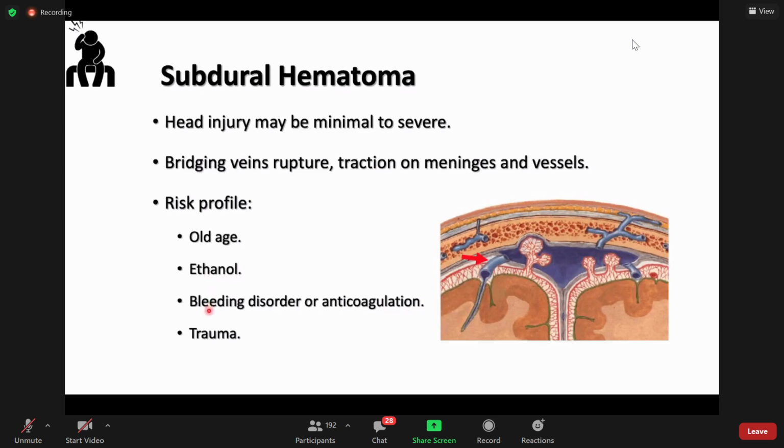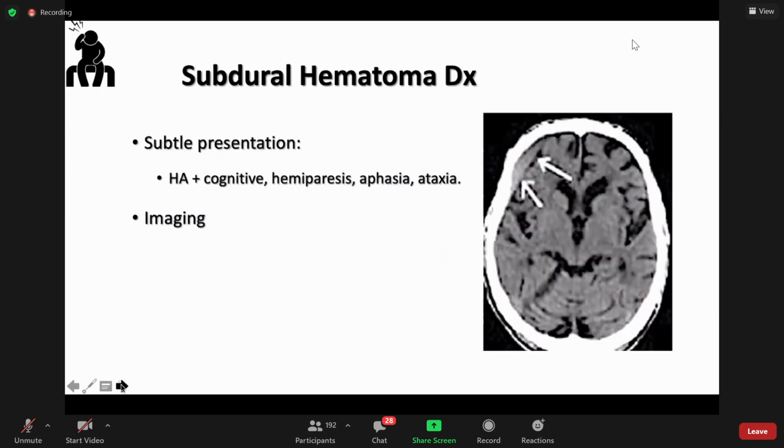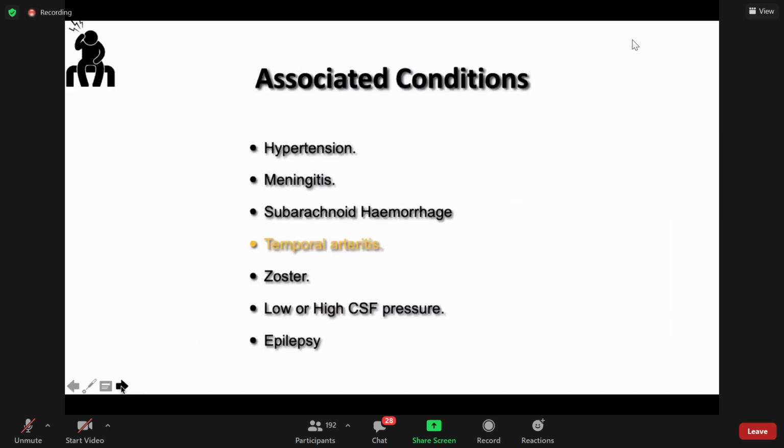If the patient is receiving anticoagulants or has a bleeding disorder, and as I mentioned, trauma may be mild to severe. This is subdural hematoma as seen on the CT scan. Presentation may be subtle with headache, hemiparesis, aphasia, etc.